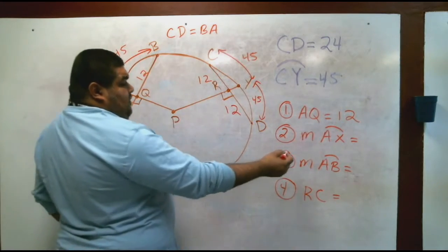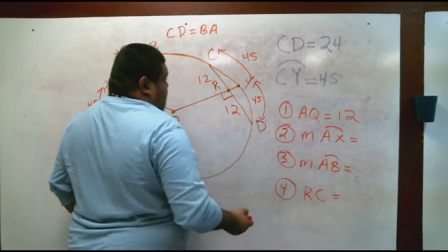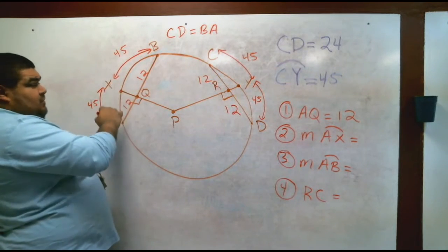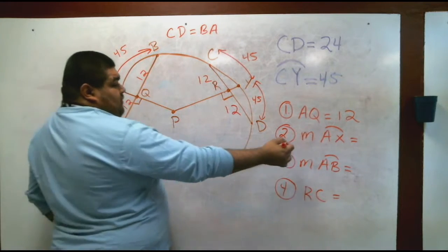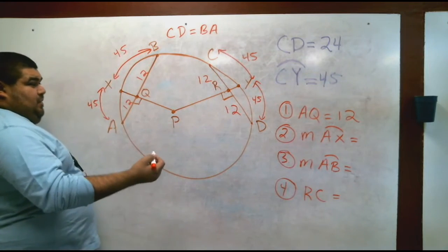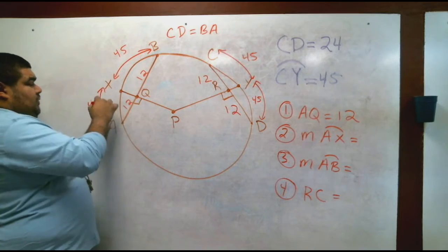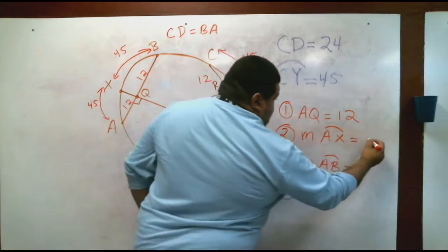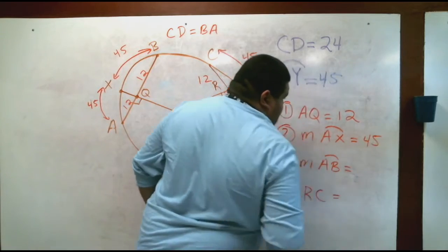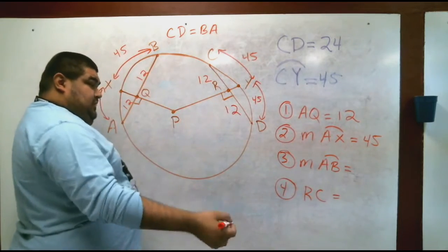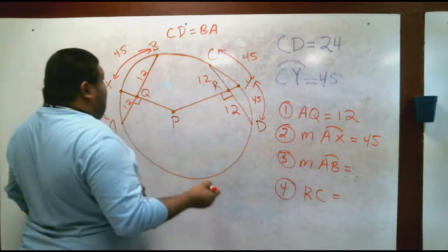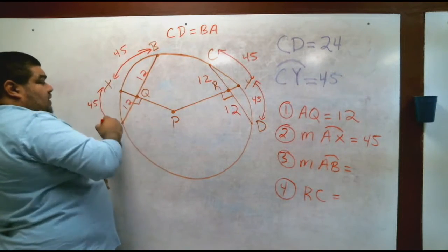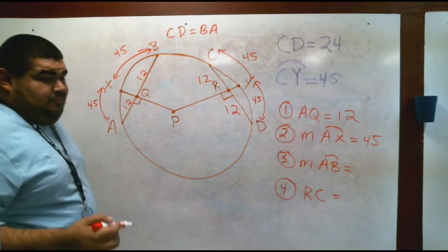Now, we're looking for the arc AX, okay? Meaning from A to X, the outlet. The measurement, we already have it, remember. We said that it was the same as the other side, 45. So we know that it's 45. The same for measurement AB. If we're looking for AB, in this case A all the way to B, the whole arc, notice that we have two pieces.